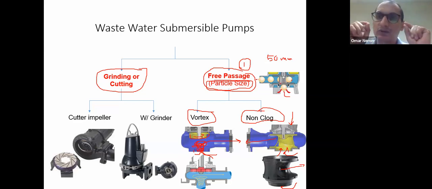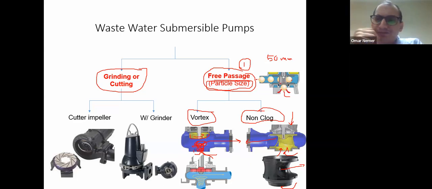But once we talk about particle size, we are talking about solids which have a fixed shape, like stones and balls. So particle size, again, is an indicator for you to imagine how big the solids can be that are pumped by your pump.